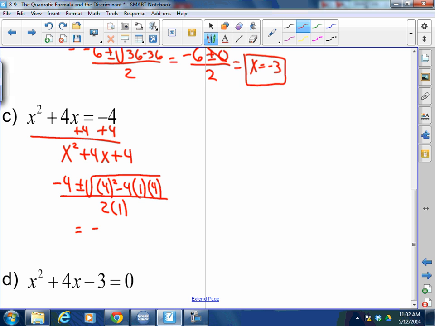That's going to equal negative 4 plus or minus 16 minus 16, again, is a 0 over 2. So x equals negative 2 in this case. So in this particular case, again, you just have one solution.